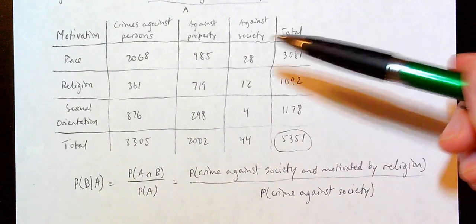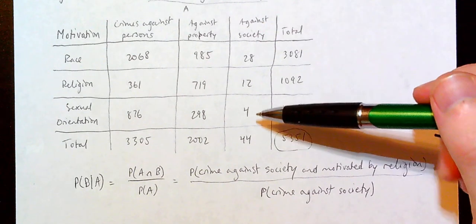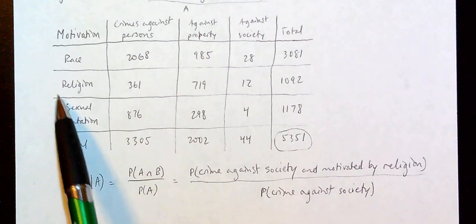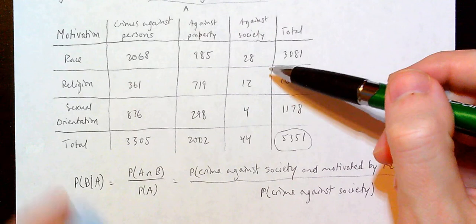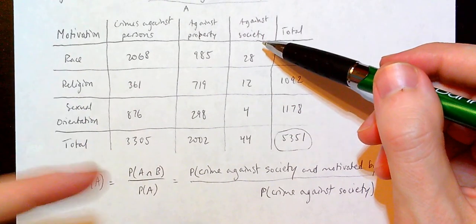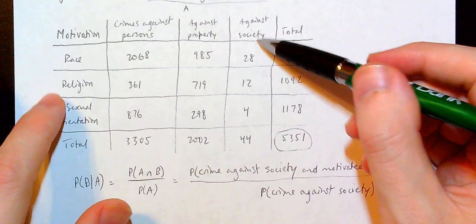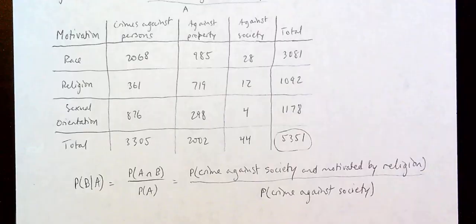Well, we have the column for crimes against society. We have the row for crimes motivated by religion. So since we want the "and," we have to find the entry that lies in both the column for society and the row containing religion. And that entry is your 12 right there.